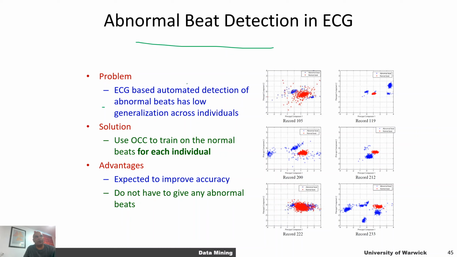But if you talk about the problem, then the problem is that ECG-based automated detection of abnormal beats has low generalization across individuals. And this is pretty interesting. What it essentially means is that when our hearts are beating normally, let's say my heart or some other person's heart, if we extract ECG patterns from it, they're going to look pretty much similar.